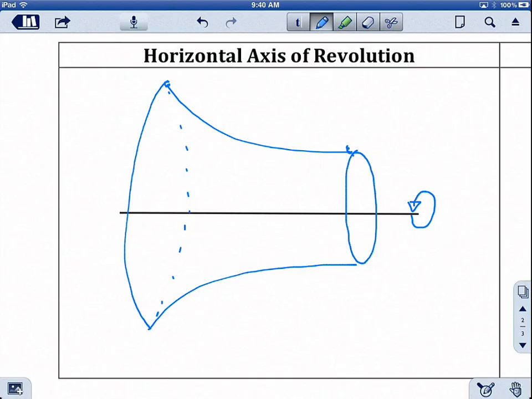Okay, something like this right here. Now the limits of integration here are going to be from a to b, and those are going to be x values. Now if we try to find the radius here, well, that looks like it's just the height of my function. So that's going to be f of x in this case. Okay, and it's going to be some sort of function of x. So you'll notice here with a horizontal axis of revolution, everything is in terms of x.